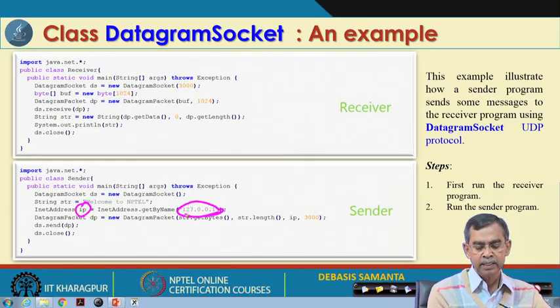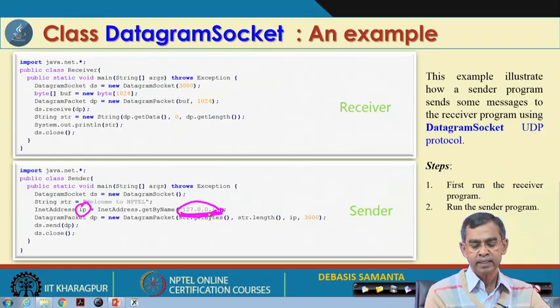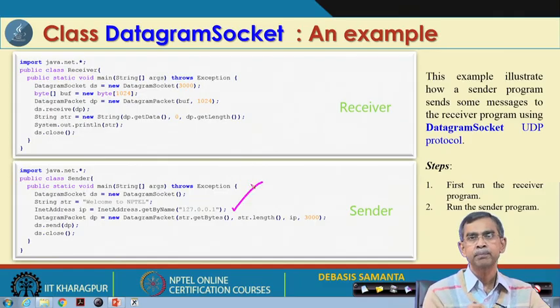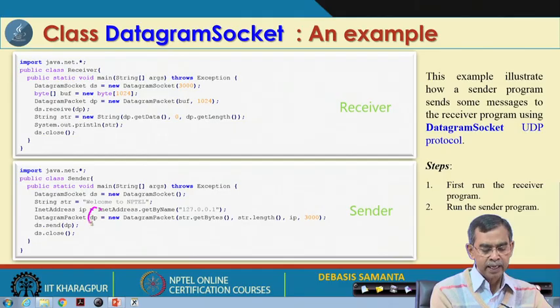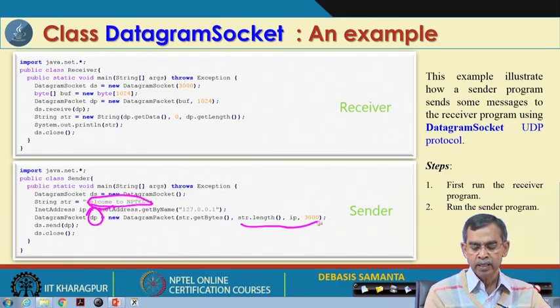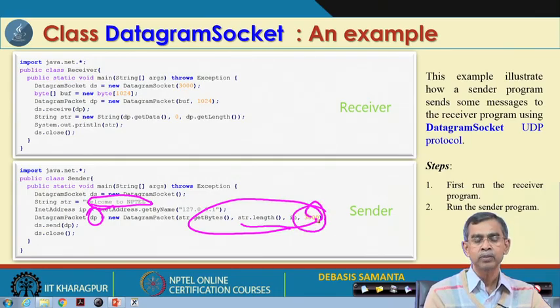Now, one thing is that it is a default that for the same machine it will always assign one IP address, this one, 127.0.0.1. It is the standard default. So, this is the default IP address if you have to communicate within the same machine only, and then the datagram packet will be transmitted with this string. We convert the string into a datagram packet, and then we send this datagram packet to this port.